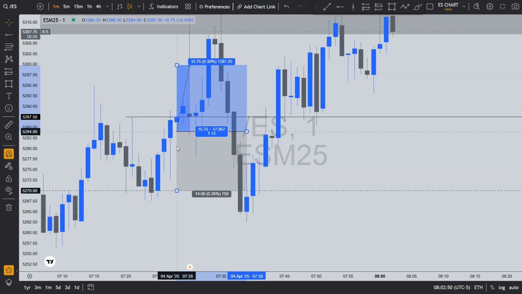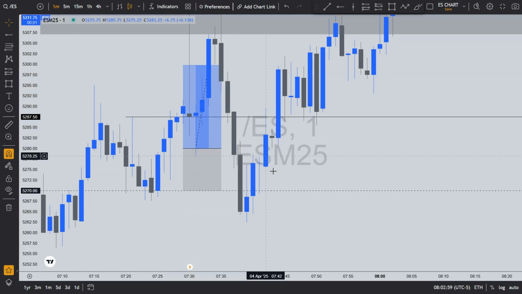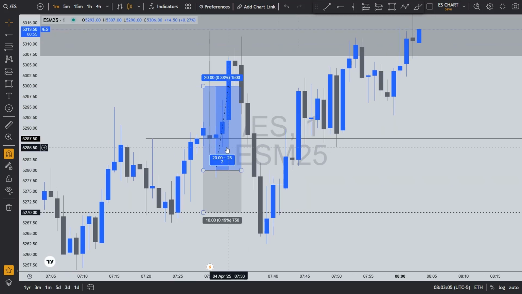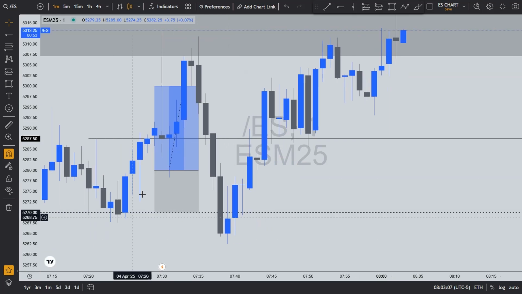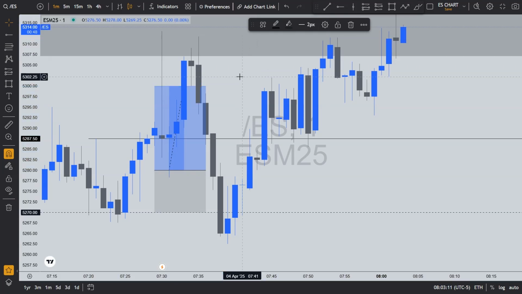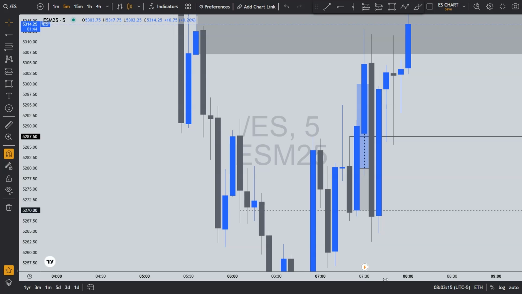And then I also go within a 10-point range. So yeah, price did pull back and then gave me a 10-point stop loss with a 1 to 2 trade. So it actually did do what I would have looked for.